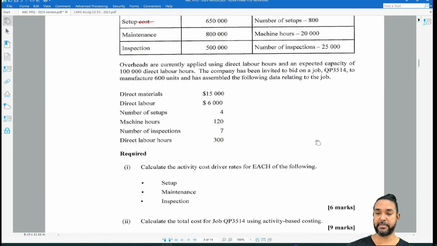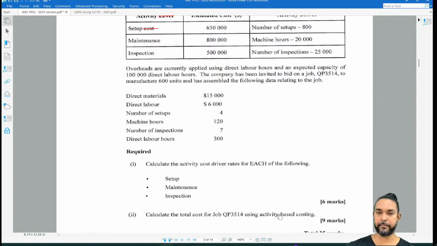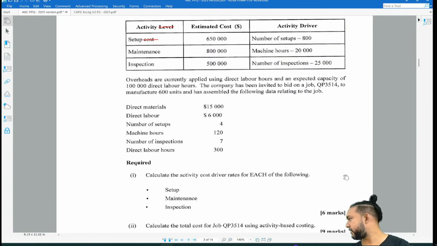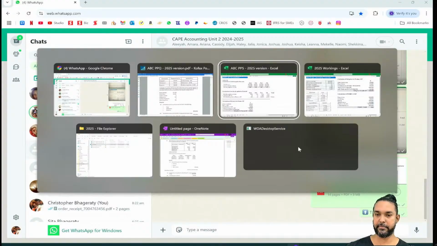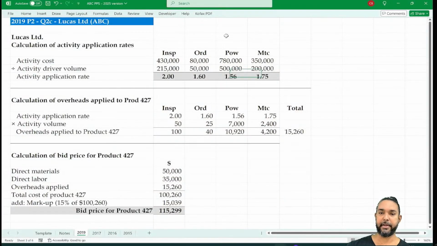Okay, so I'm gonna zoom out to like 140. Is that still visible? Yeah, I think it's still visible. Right, so again, you're going to basically do what I did here. You're going to do the calculation of the activity rates.